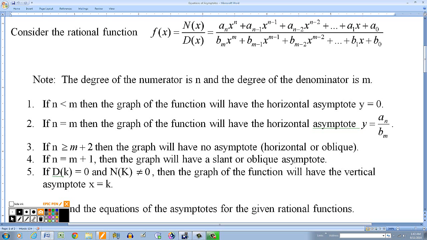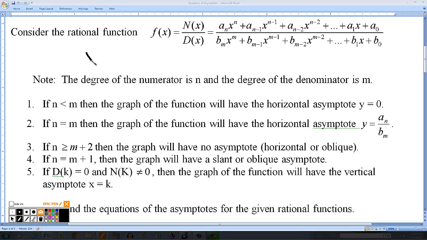The slant or oblique asymptote will have the form y equal to mx plus b. The horizontal, of course, as indicated in 1, will have the form y equal to k, a constant.